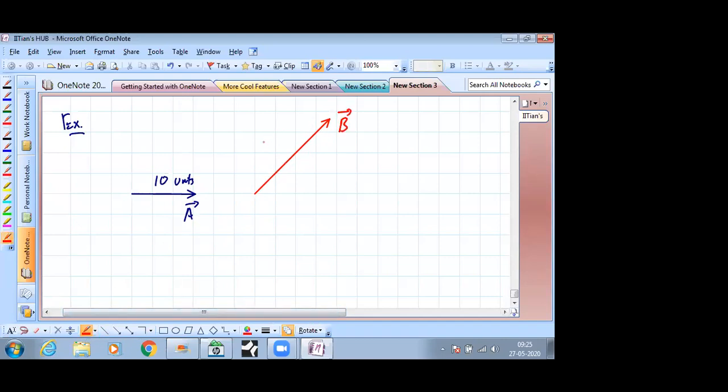Now B is of length 30 root 2 units. Okay. And this angle is 45 degrees.